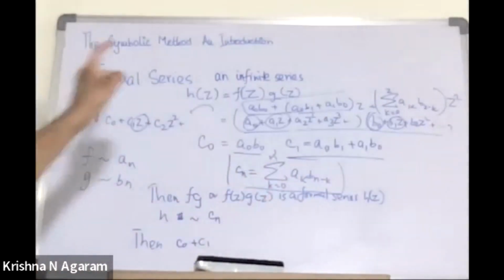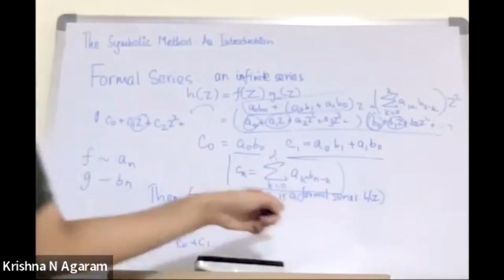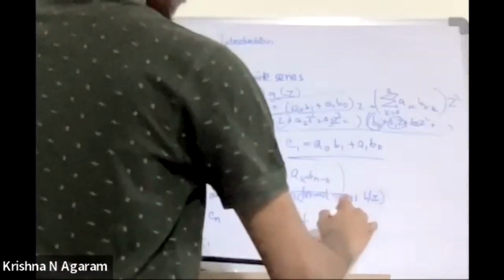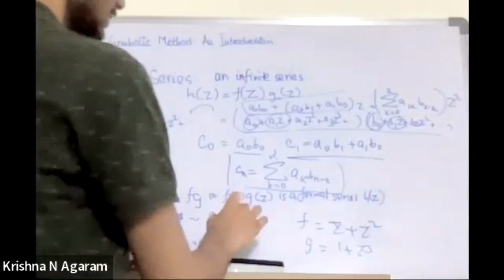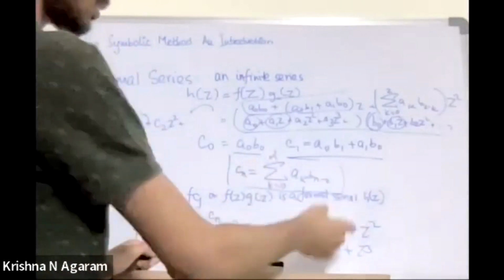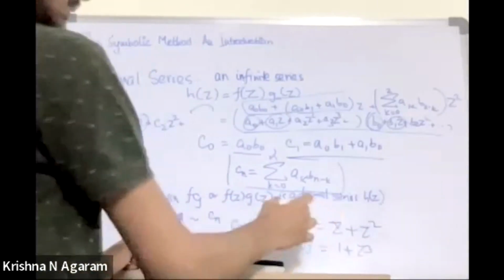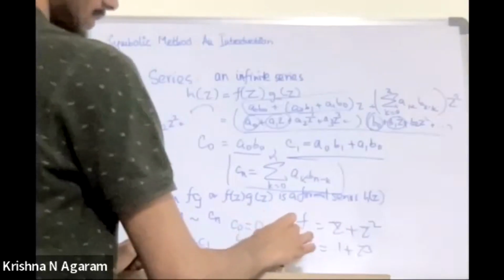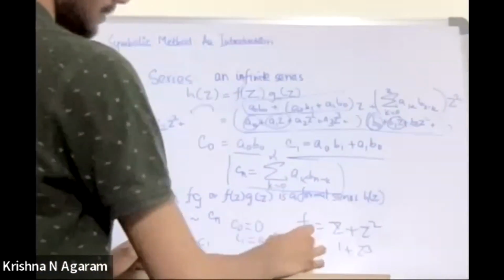So this is your definition. And then what this means is you can just look at it as polynomial multiplication and you'll get the same result. So you don't have to go by the definition. I mean, if you're given f is like z plus z squared and g is 1 plus z cubed, then you don't have to do c0 is a0 b0, but a0 is 0. c1 is a0 b1 plus a1 b0, but a0 is 0, so this cancels. a1 is 1, b0 is 1, equals 1.